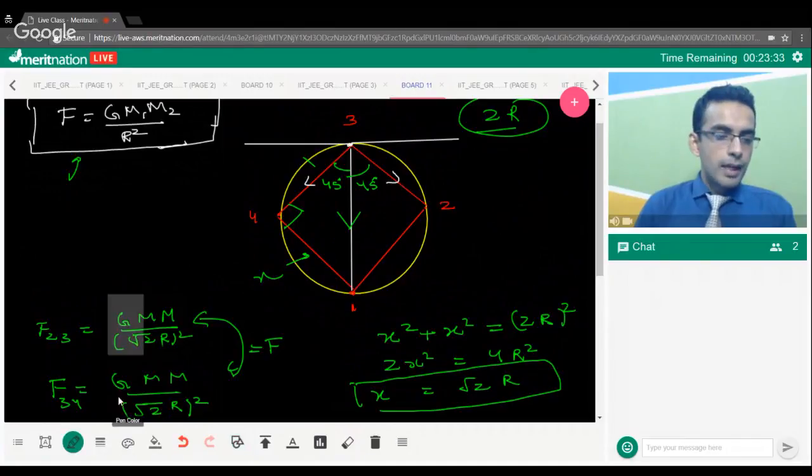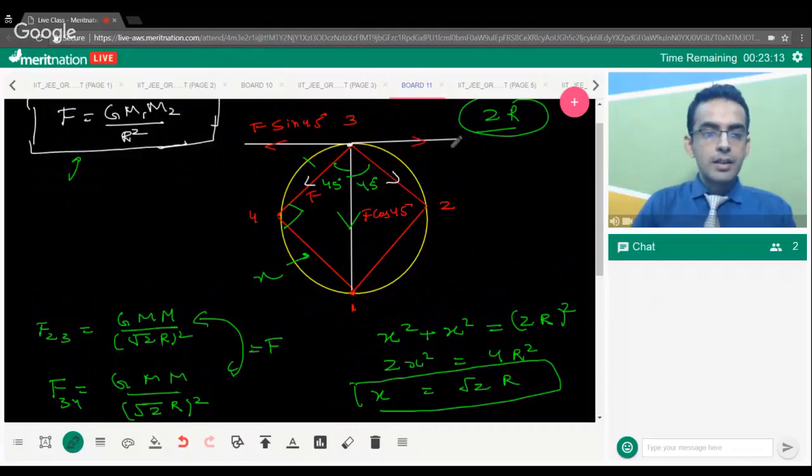So if this force is capital F, we will have F cos 45 degrees here and F sine 45 degrees here. In the other case also, F sine 45 degrees is towards the right and F cos 45 degrees is towards the diameter. So you can see that the sine components will cancel out. Yes, they get cancelled out.